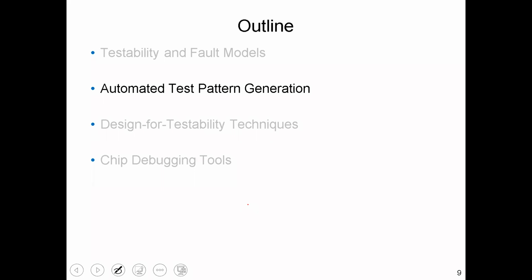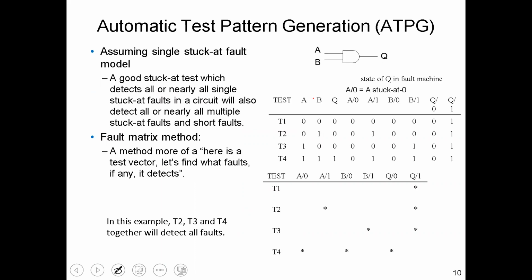Okay, the topic for today is the automated test pattern generation method. So to test some fault, we could generate some pattern at the primary input in order to observe the fault at the output.